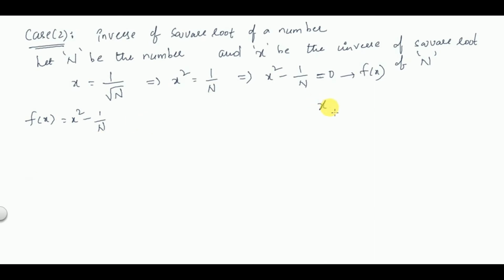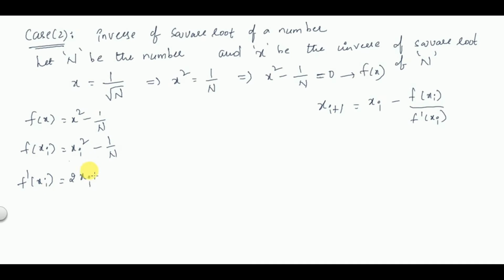We know the iterative formula, xi plus 1 is equal to xi minus f of xi divided by f dash of xi. F of xi is given by xi square minus 1 by n, and f dash of xi is the differentiation of this. The differentiation of xi square is 2xi, and 1 by n is a constant, so its differentiation is 0. So you'll get 0 here.